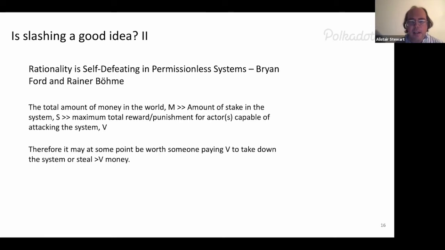So at some point there may be enough external incentive for it to be worth just paying an actor to attack the system, and there's certainly enough money in the world to do this. So all they need to do is pay to take down the system. They could maybe make up to the amount of stuff in the system, up to S, by taking down the system, or at any rate just steal more money than this maximum reward or punishment for the actor capable of attacking the system, and then they'll just do it.